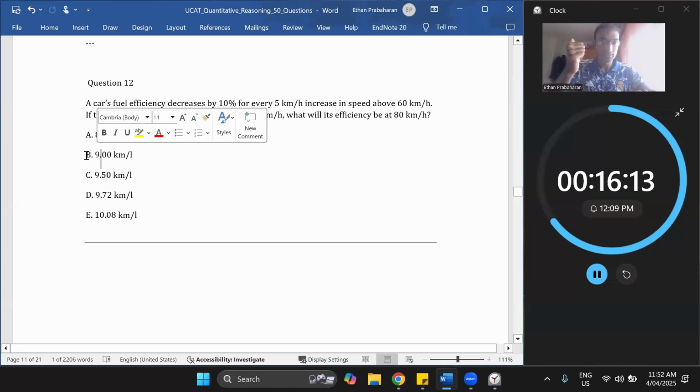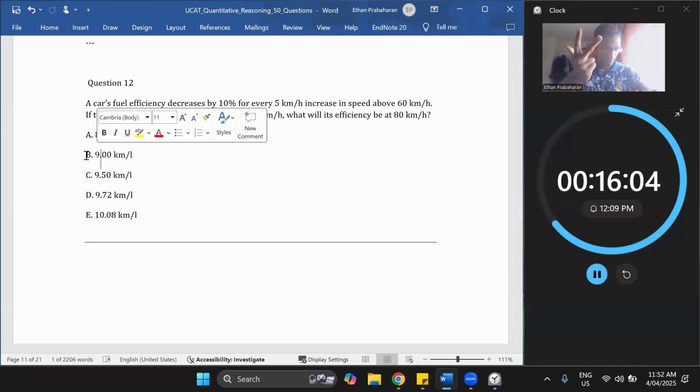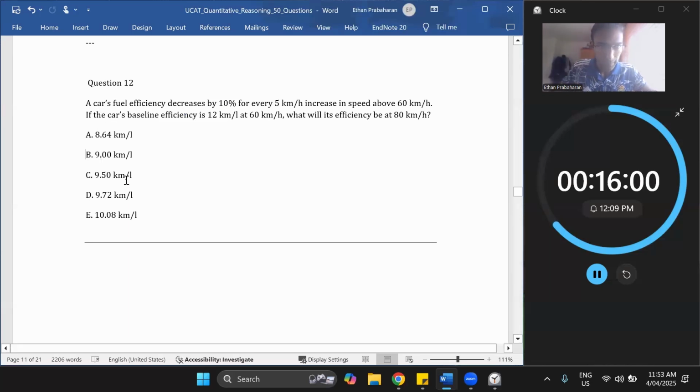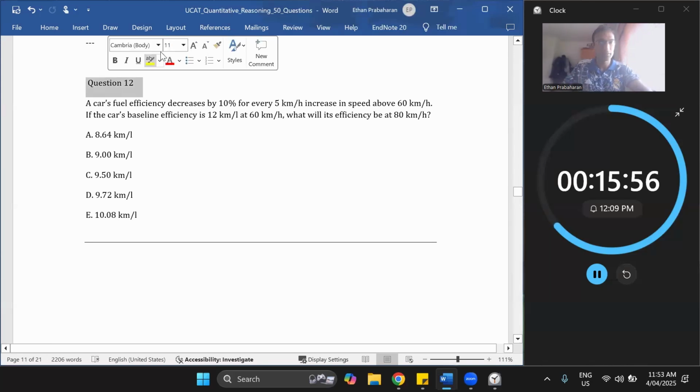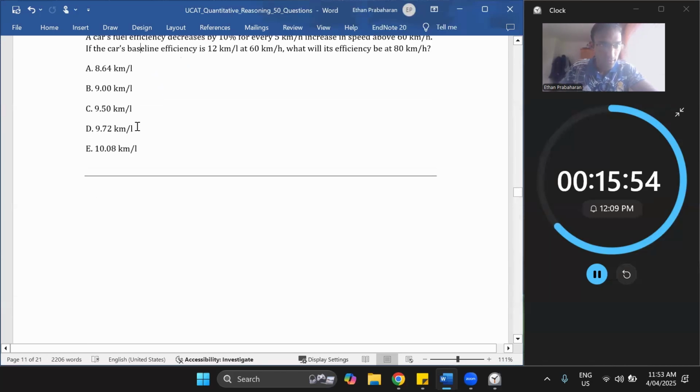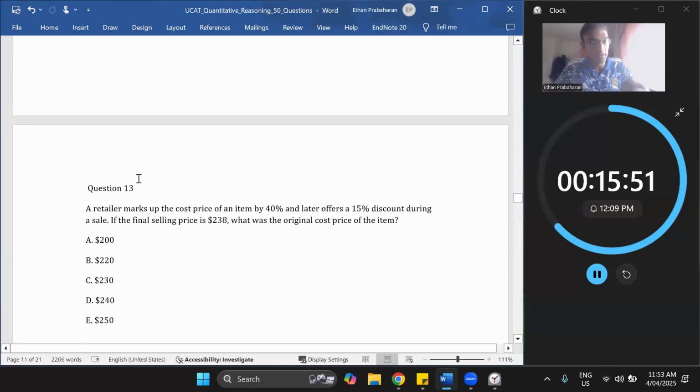Let's imagine it was 9. So it'd be 9, 9.9, 10.8, 11.7. Stuffing this up. It's hard without a calculator. Let's skip it. I'll skip it. Should have made a note on the other one I skipped.